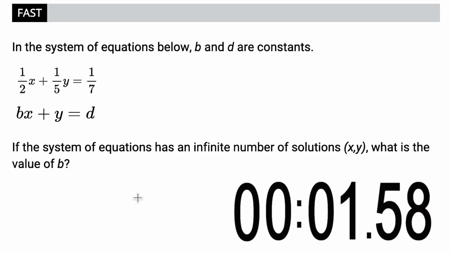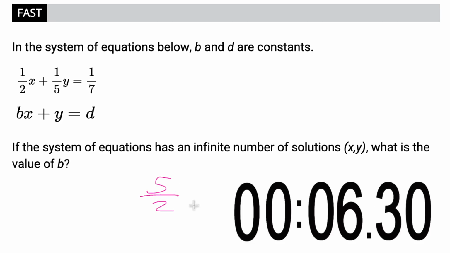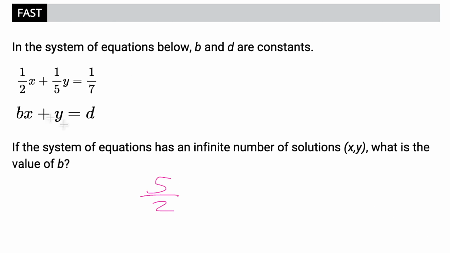All right, let's go. It's going to be 5/2. And I don't think I can simplify that. Cool. So this one, in my head, I see infinite solutions. Infinite solutions means they are literally the same equation, which means, among other things, that they're going to have the same slope.